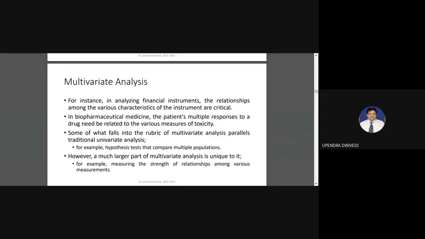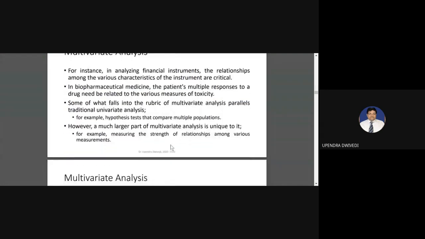Now, whatever approaches you have applied, you can measure their effect, which approach is better compared to other approaches, and so on. Or you can also create a relationship. Now, next.